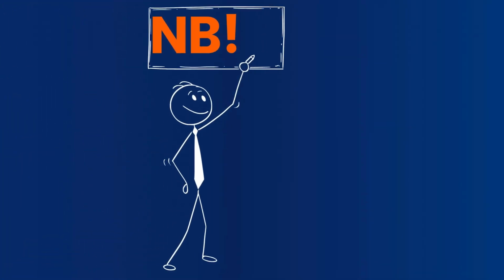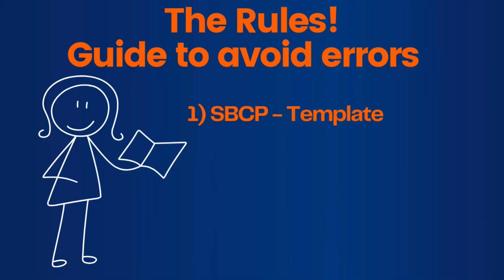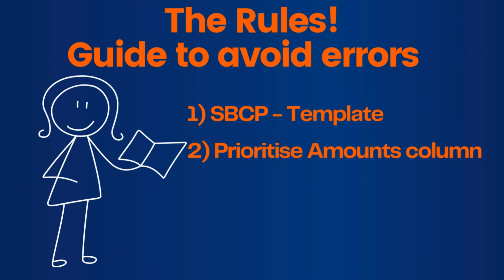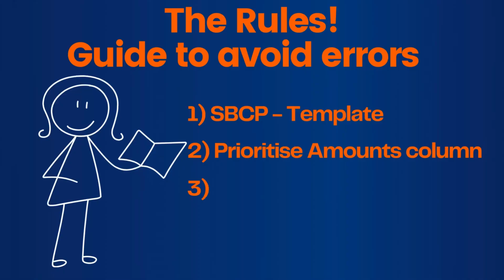Now let's talk about some critical things to keep in mind to avoid headaches later on. You must use the import template generated within the Sage Business Cloud Payroll. Any other file will result in errors and headaches later on, so keep that in mind. You'll need to be aware of how Sage prioritizes the data. Sage prioritizes the amount column and enters it as a salary. Imported financial data only affects the current payslip period.